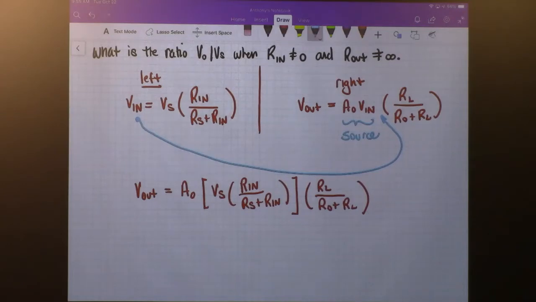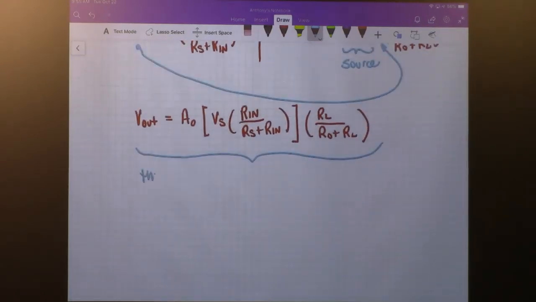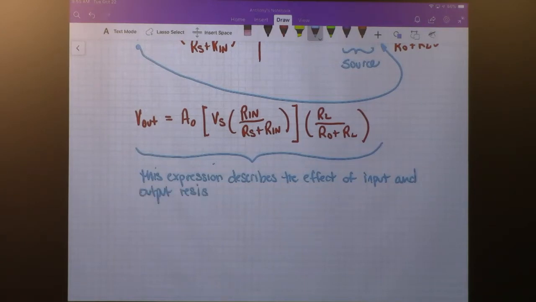So this expression here describes the effect of the input and the output resistances.